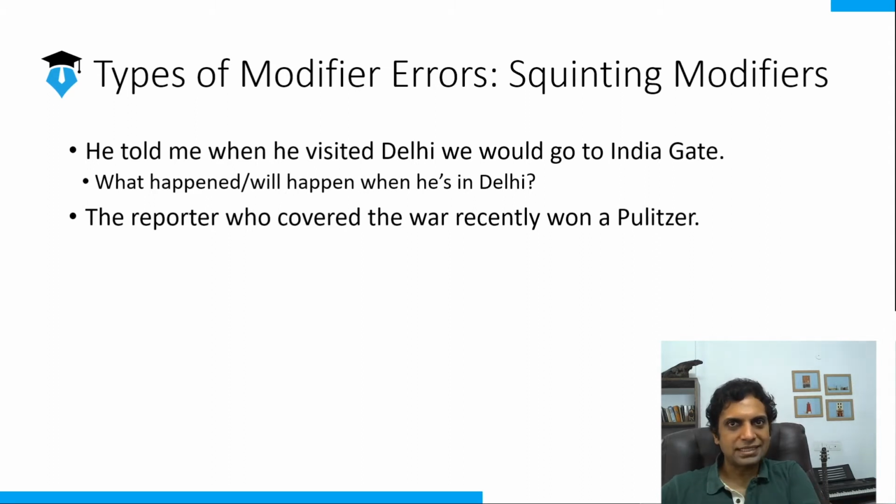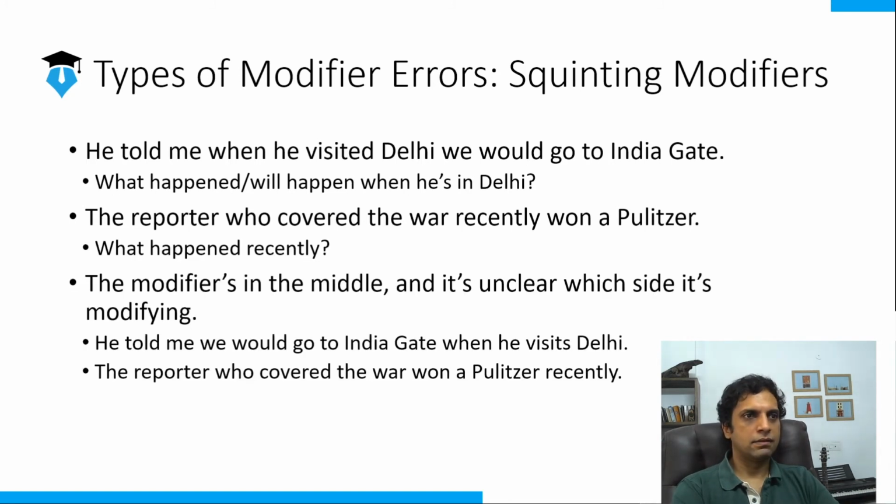So did the prize happen recently, or was it a recent war? How do you correct this? Again, by adding more information, by giving the context, and by moving the modifier closer to one possible focus than another.